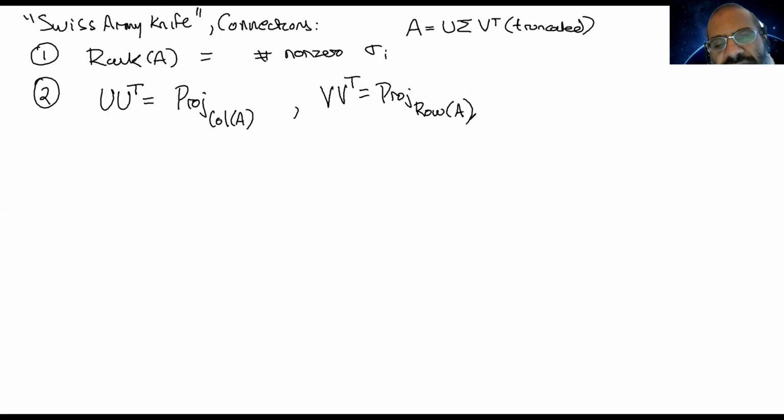This just follows from the fact that the non-zero right singular vectors are an orthonormal basis for the row space, and the non-zero left singular vectors are an orthonormal basis for the column space. So you can read off all these projections once you have the SVD.